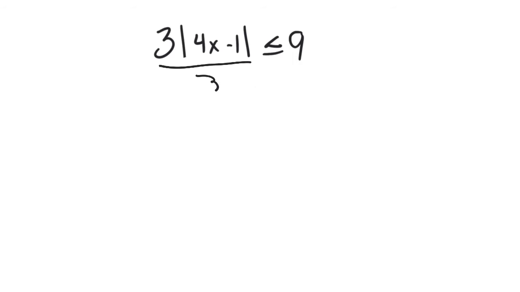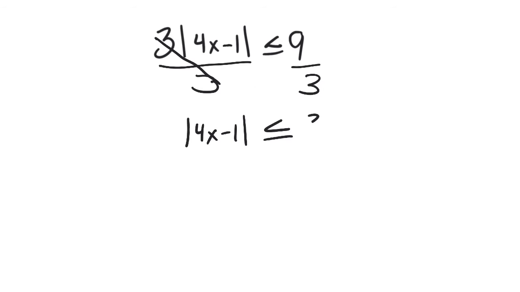So we want to divide that 3 off of each side just to get this 4x minus 1 by itself. 9 divided by 3 would equal 3. So we'd have the absolute value of 4x minus 1 is less than or equal to 3.